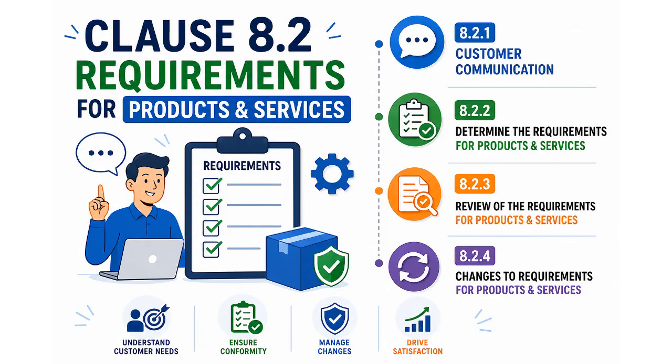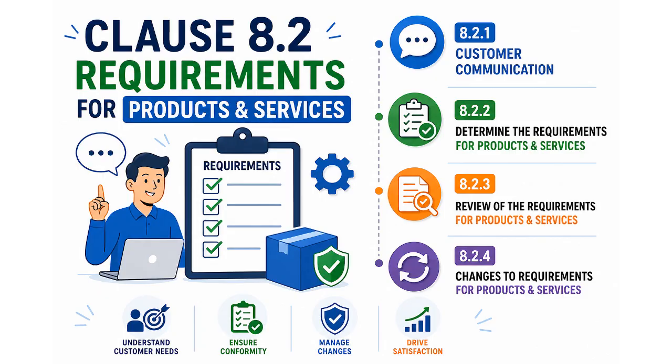Any differences between current and previous contract or order requirements must be resolved and clearly confirmed before acceptance. Documented information must be maintained to record review results and any updated requirements. This process is critical to prevent misunderstandings, ensure compliance, and deliver products and services that consistently meet customer expectations.